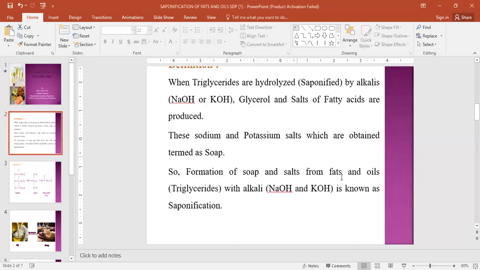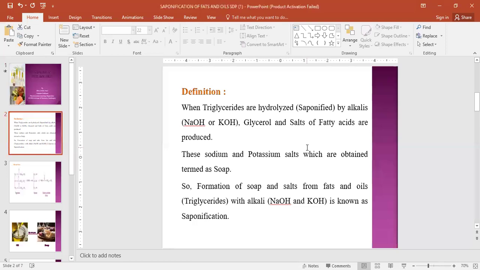The definition of saponification is when triglycerides, that is a fat or oil, are hydrolyzed by the alkalis, that is a base, NaOH or KOH, with the formation of glycerol and the salts of the free fatty acid which is produced from that fat or oil.